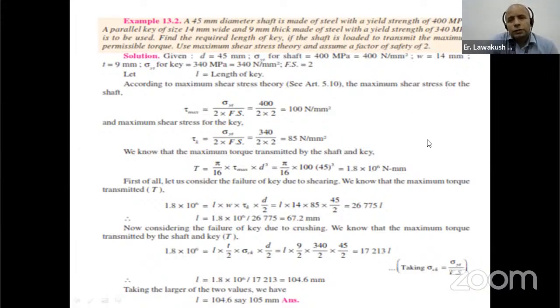According to the question, first we will see what is given. A 45 millimeter diameter shaft, which is made of mild steel.